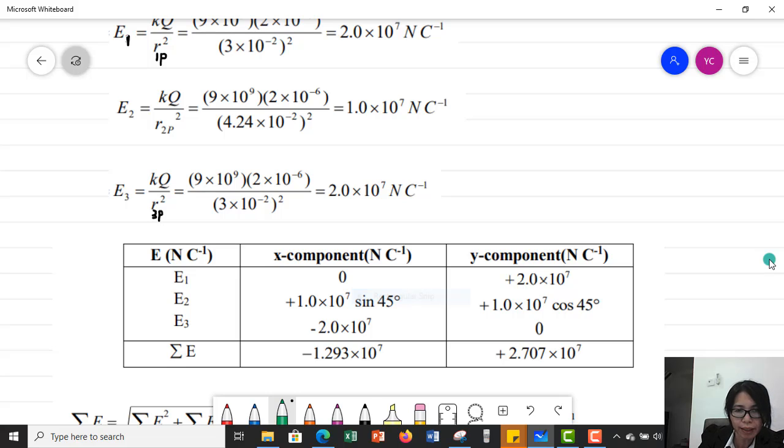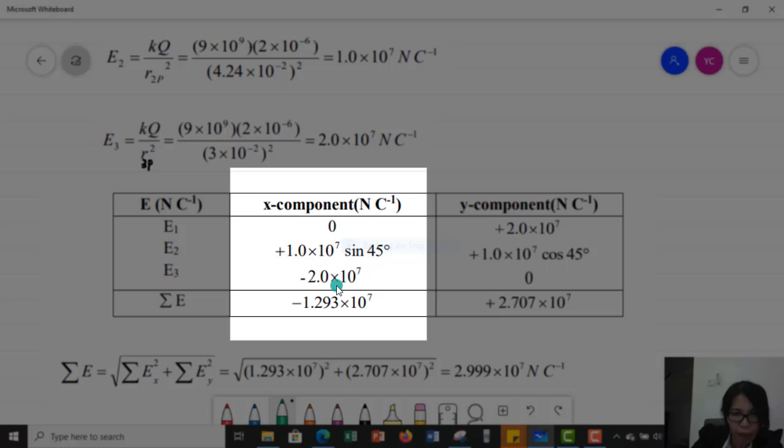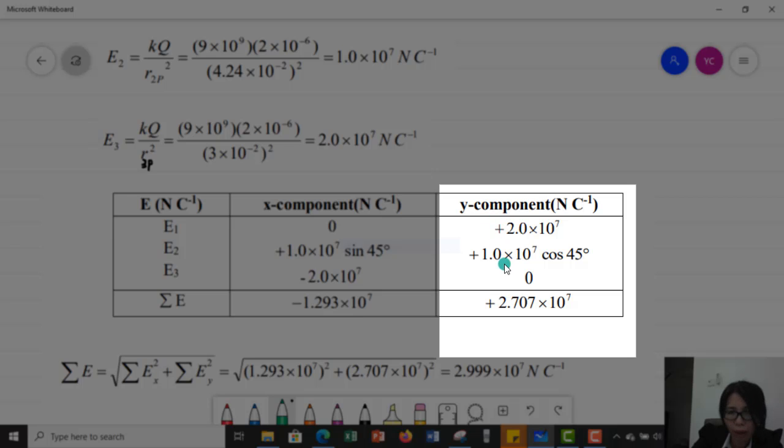Then we do the summation for component X and also component Y. I repeat, then only we can do the summation along component X and also component Y. So total up the component X, we get negative 1.293 to the power of 7. Total up the component Y, we get 2.707 to the power of 7.